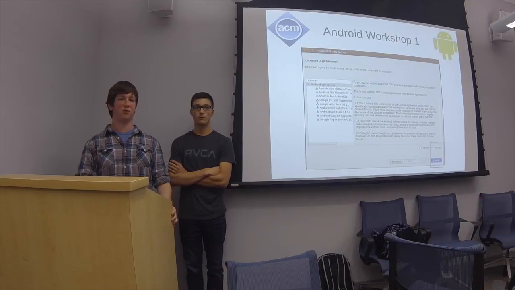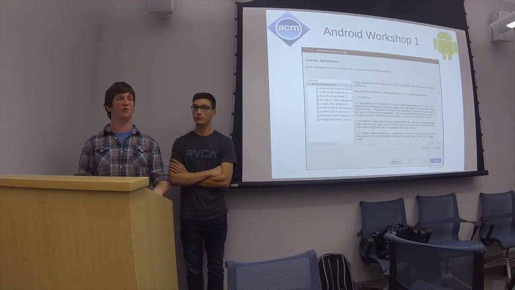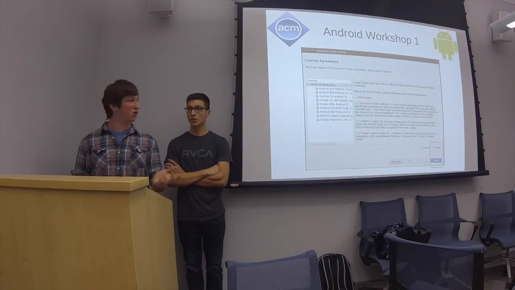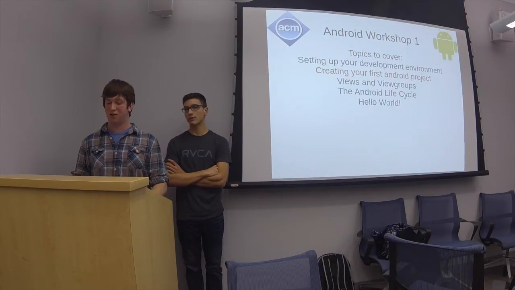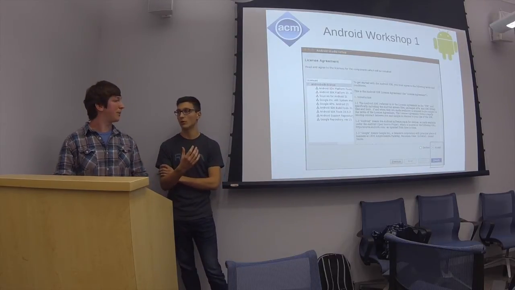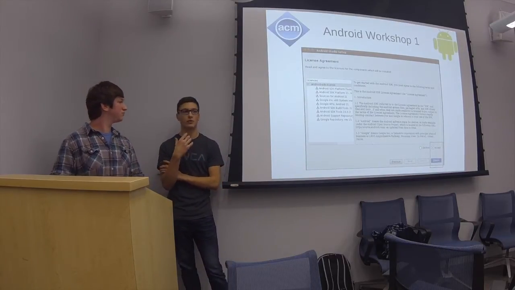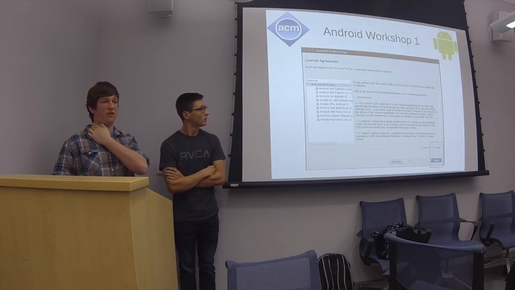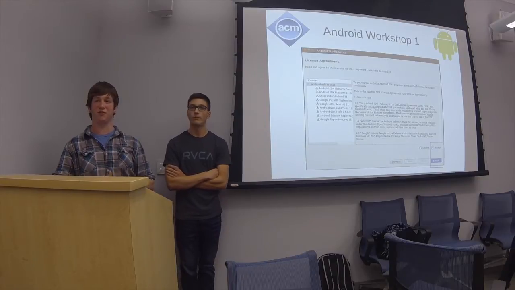I just want to focus on 21 for today to get everyone at the ground level, and then we can go through installing different ones. So click accept and then finish. You can set different targets too, so when you're actually running your code on a virtual machine or on your phone, it'll compile for Android 4.3 or 4.4 or whatever. We'll go over fragmentation and what fragmentation means in a couple of slides.